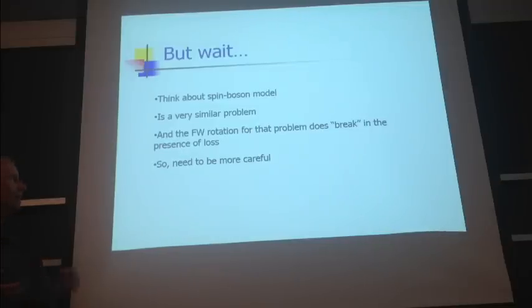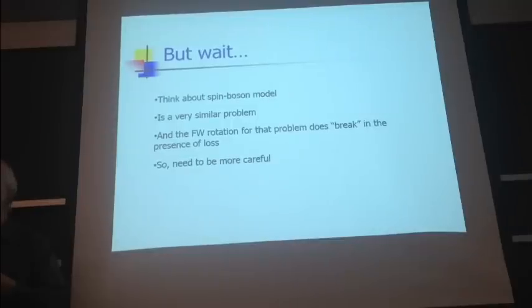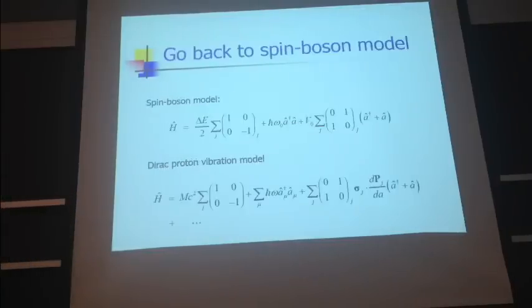But on the other hand, if I have loss in the spin boson model, then if I do Foldy-Wouthuysen, I can get a transformed version of the problem. But the transformed version isn't interesting or relevant because the loss gets rotated too, and it turns into a big ugly mess. So I've got to be more careful. I mean, Foldy-Wouthuysen broke, with quotes, when dealing with the lossy spin boson model.